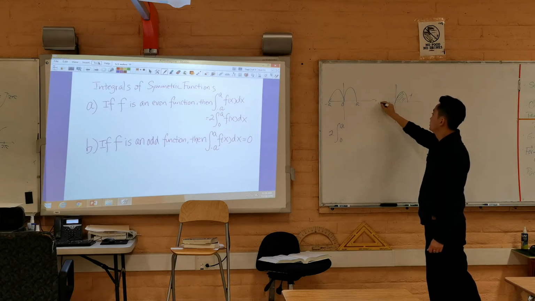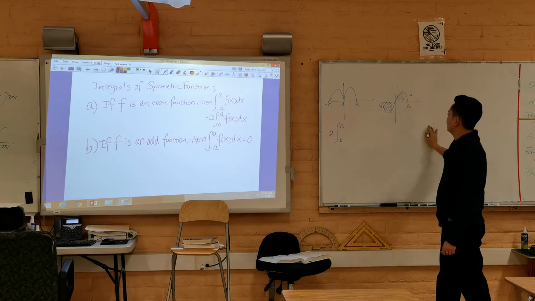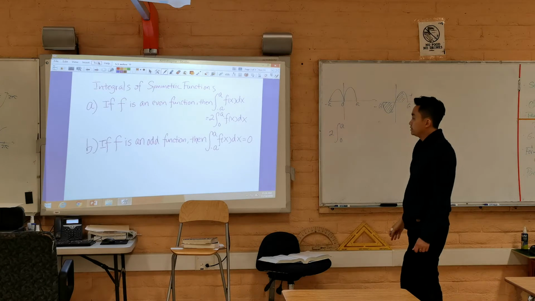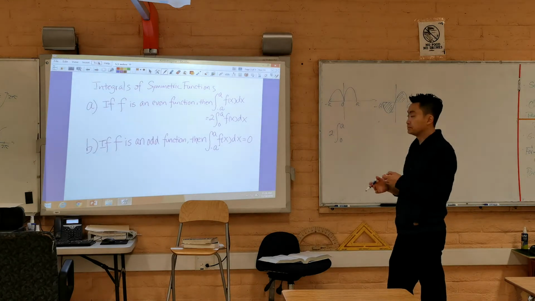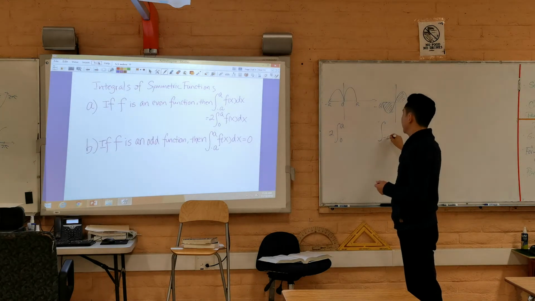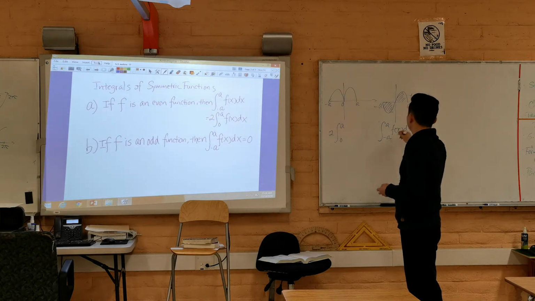And they're both considered symmetrical. So again, this part is negative a, over here is a. Once you combine them, eventually it's going to be 0. So that means the integral from negative a to a of f of x dx is going to be 0.